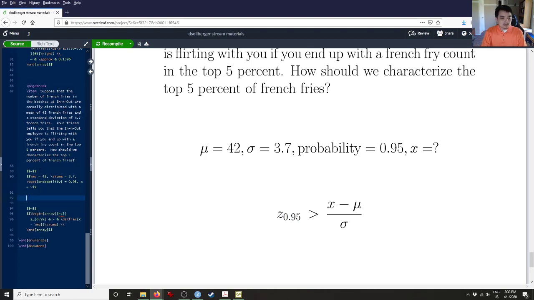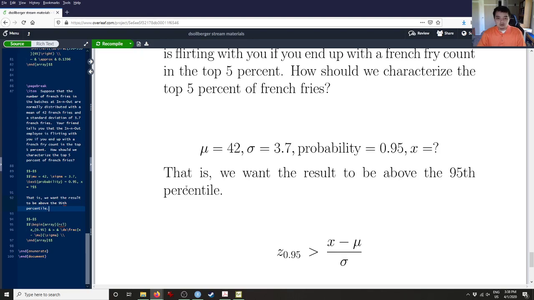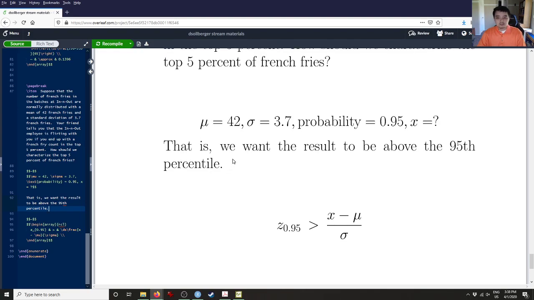Perhaps I should type that out as a sentence. So we want the result to be above the 95th percentile, and that's kind of why I wrote this z sub 0.95 here.